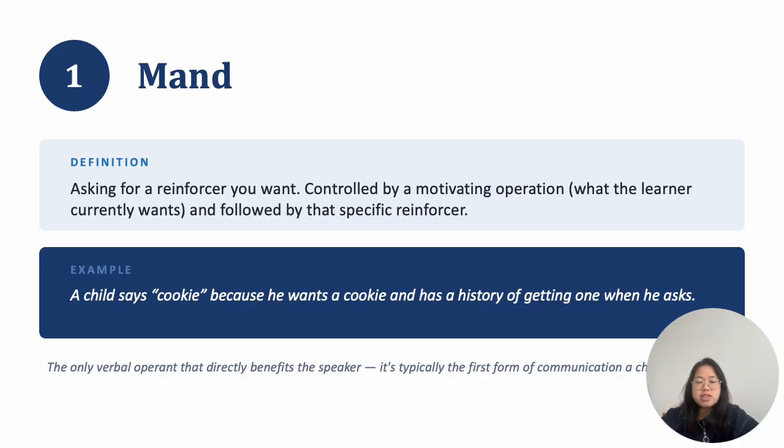The mand is unique among the verbal operants because it's the only one that directly benefits the speaker. You ask and you get. That's exactly why it's typically the very first form of communication a child acquires, and why, clinically, it's usually the first repertoire we prioritize when building a language program from the ground up.